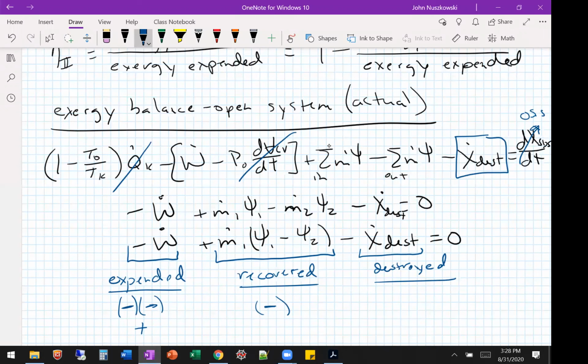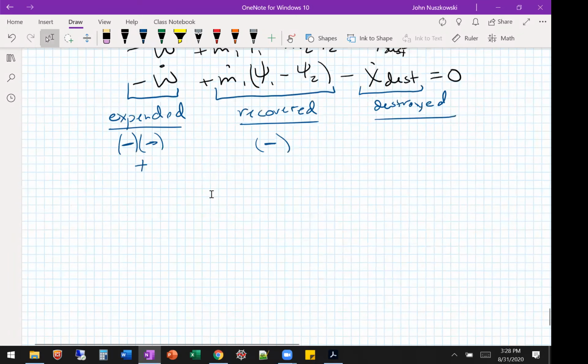So that tells you expended, recovered, and then destroyed is your difference. I see, I see. Thank you for clearing that up. Yeah. And that's how you can do it for any device, not even just the ones that give you different equations for.